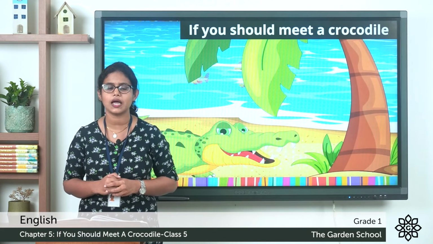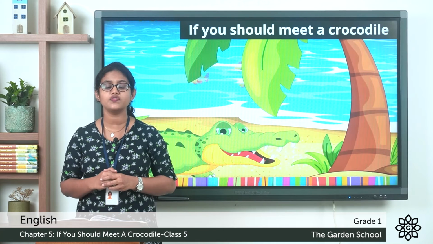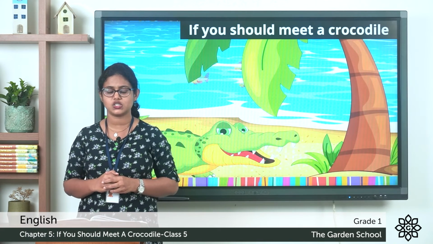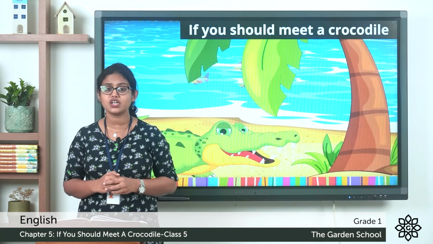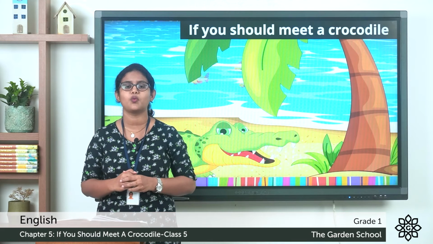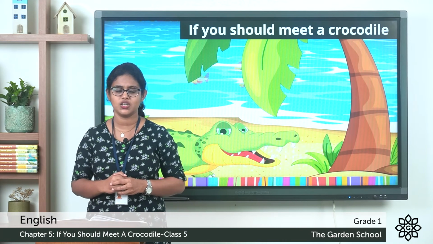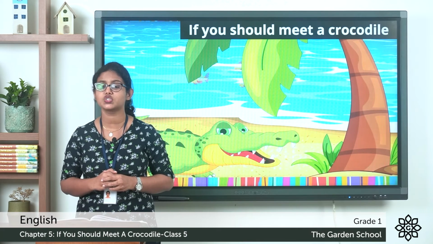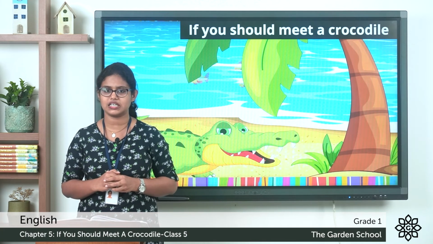So this is about the poem, If You Should Meet a Crocodile. And what does this poem say? This is a very funny, interesting poem that tells about the do's and don'ts when you meet a crocodile. You should be very careful not to stroke him, and you should not poke him with a stick.